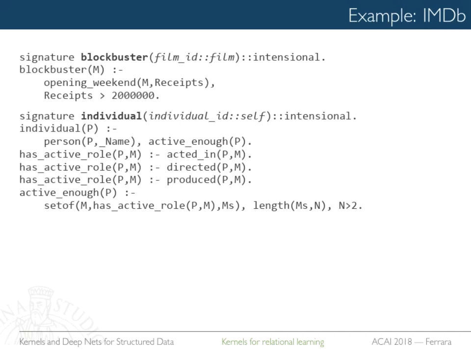The prediction you want to do is whether this is a blockbuster movie. Blockbuster means that in the first weekend, during the opening weekend, you make more than $2 million. Okay, so it's like the Avengers, maybe, these kinds of things, right? And you want to do this prediction. I think it's not too hard to come up with.